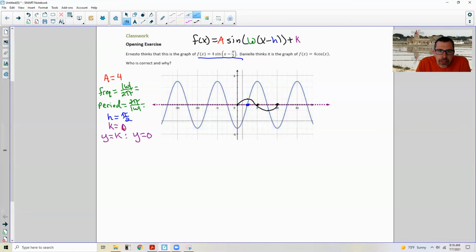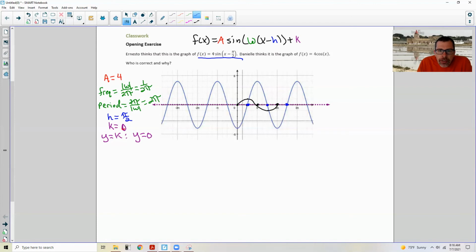Its frequency is 1 over 2 pi, and its period is 2 pi because omega is 1. So this is going to be the same period of 2 pi. So if it's starting at pi over 2, it's going to be pi over 2 greater than 2 pi at the finish, which is going to be right here. Okay, so far so good. We're on the graph with those 2 points. So the middle's halfway in between, which is here. And once again, there we are.